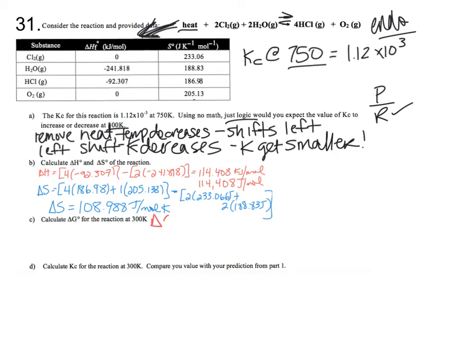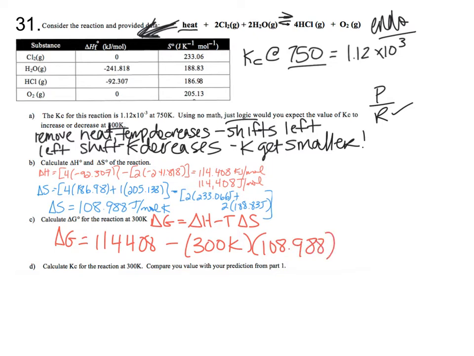So delta G is equal to delta H minus T delta S. So delta G is equal to 114408, and we're finding delta G at 300 K, times my delta S of 108.988.